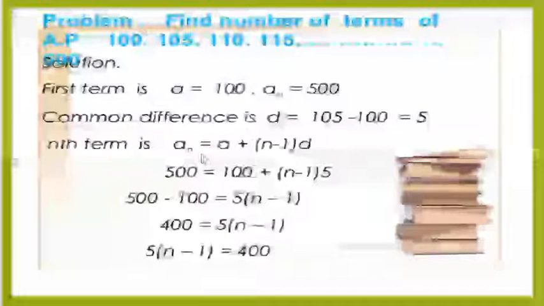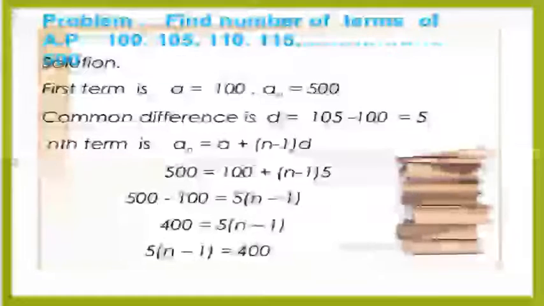The nth term is an equal to a plus (n minus 1) into d. So 500 is equal to 100 plus (n minus 1) into 5. Solving this, 500 minus 100 is equal to 5 into (n minus 1). 400 is equal to 5 into (n minus 1).